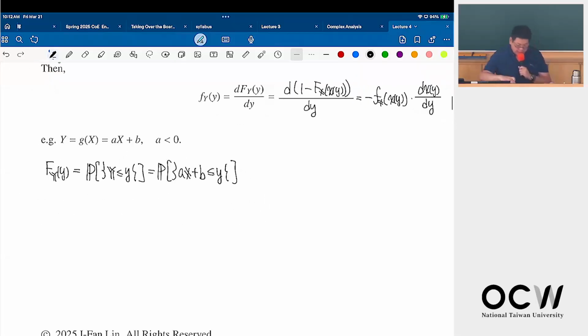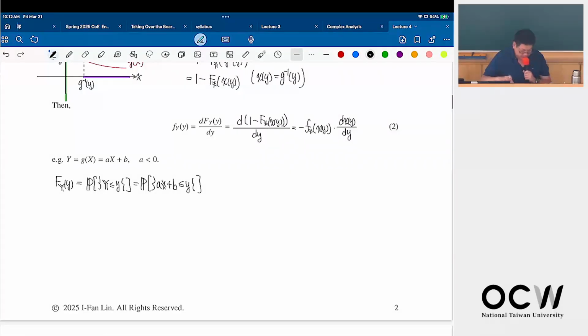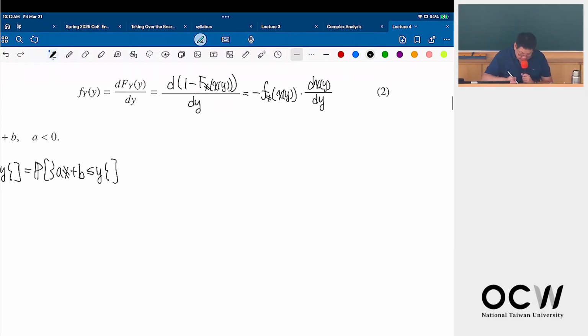Now let's plot a plot here. This is x, and here is y.